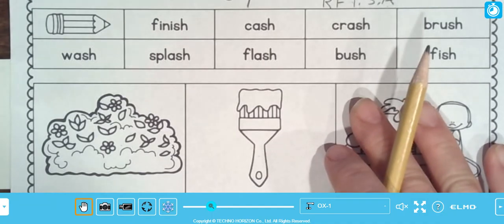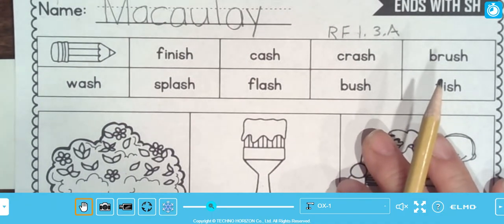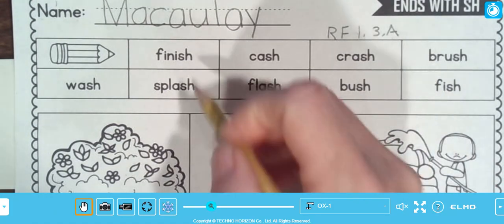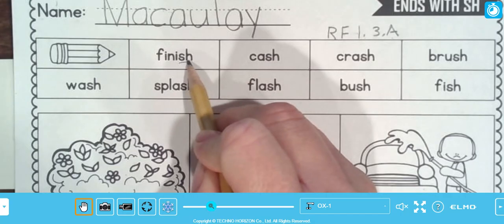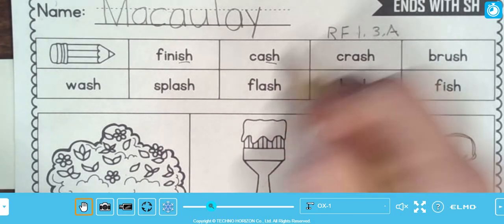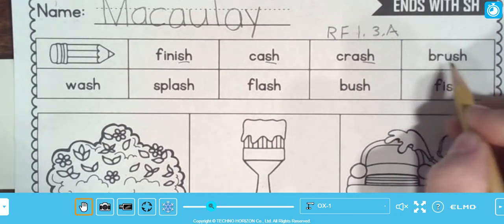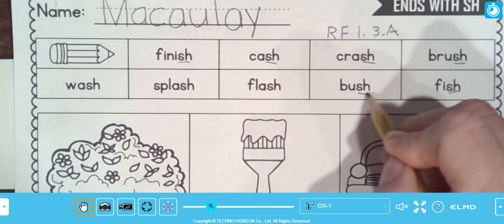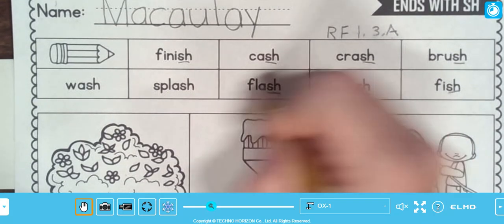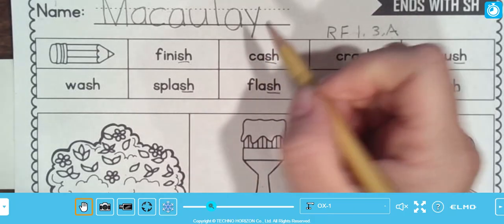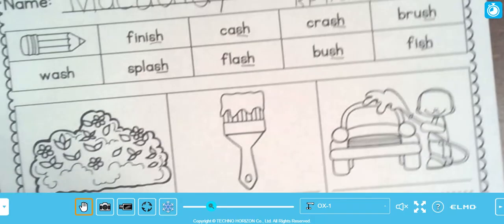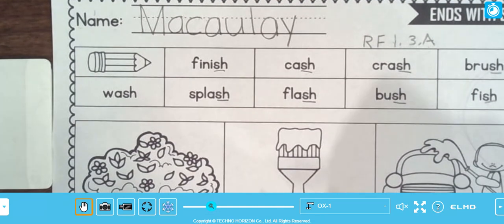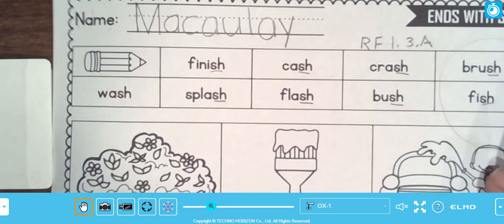Okay, so say, today I'm learning to read and write words that end with SH. See, each one of these words has the SH at the end. So that's what you're learning, to read and write these words. So we're going to read them and then we're going to write them here, okay? Read them here, write them down here with the pictures.